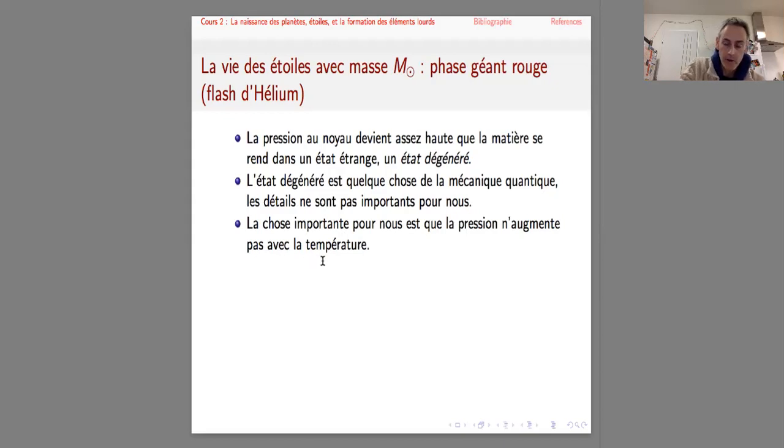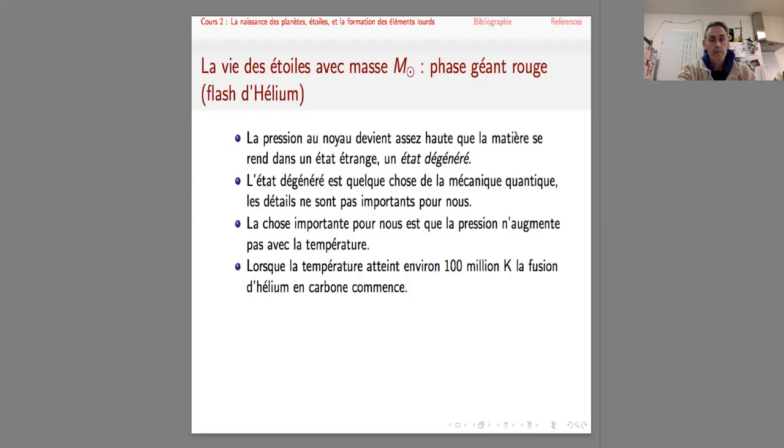So in contrast to a normal thermal state, where if you heat an ideal gas the pressure goes up, here, in this special quantum degenerate state, you increase the temperature, but the pressure does not go up with it.